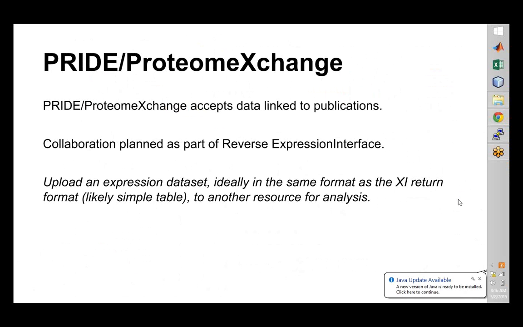The proposed resources in the reverse expression interface include Reactome, ProTurn, also IP2. If IP2 was connected with this reverse expression interface, and then we had a ProTurn plugin, then that'd be easy because you could go from Pride to IP2 to ProTurn.